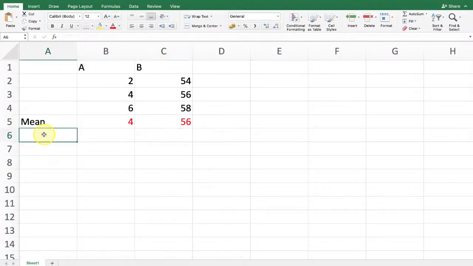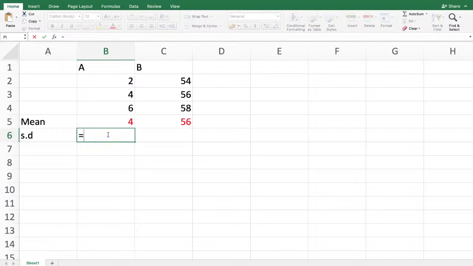Let's denote it as SD, or S. Using again an Excel function, type the standard deviation of a sample, and then highlight.